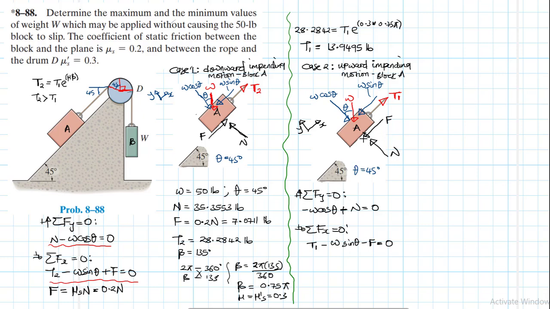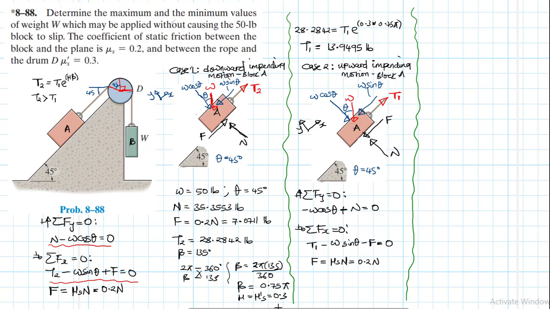Because we have 3 unknowns and only 2 equations of equilibrium, and we are looking for a maximum or minimum, we are going to invoke the friction equation at the boundary. And that is F equal to mu s times N, which is equal to 0.2 N.